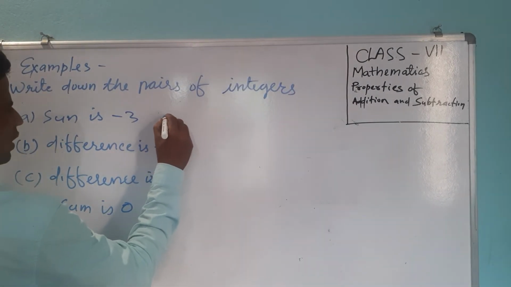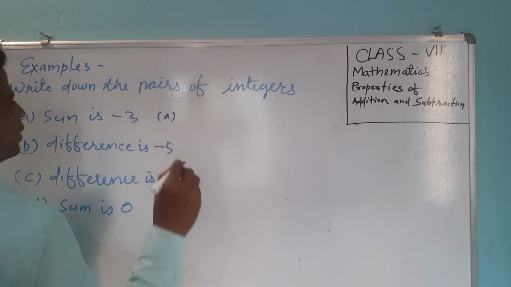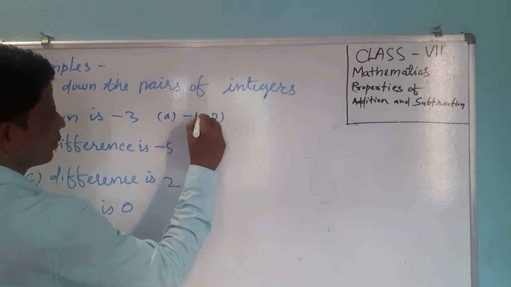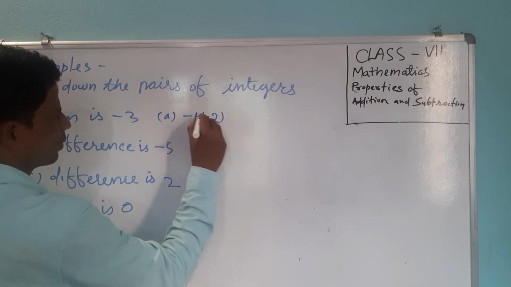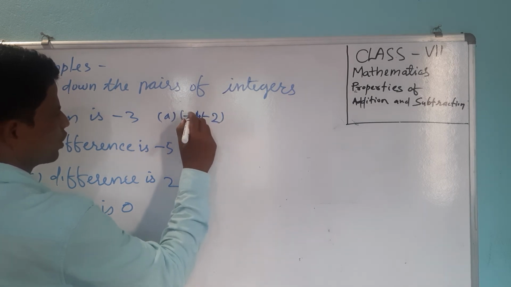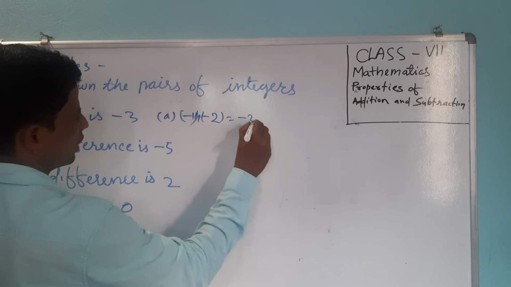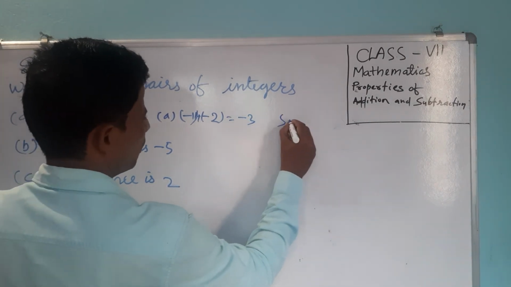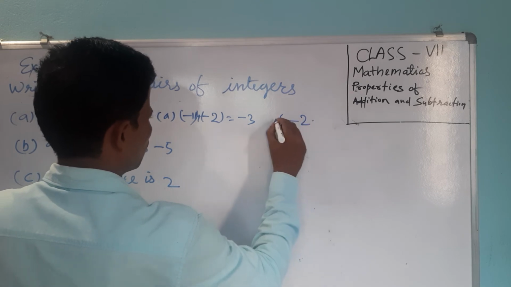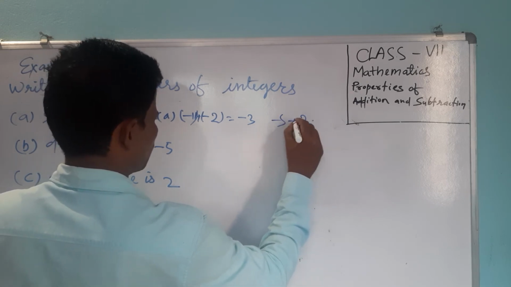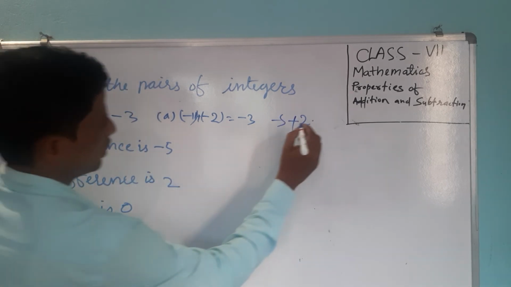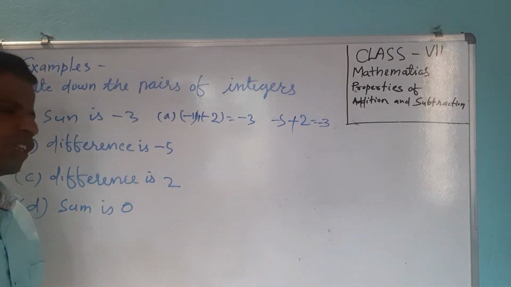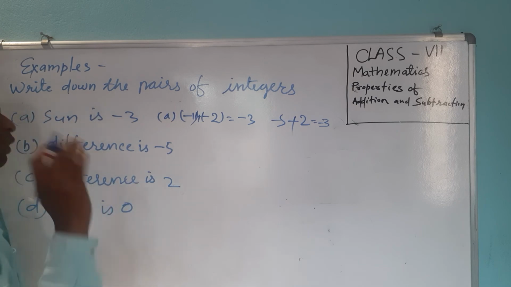Suppose minus 1, minus 2 plus, then the answer will be minus 3. We can take another example like 5 minus 2, minus 5 plus 2, here is also minus 3. Like thousands of examples we can find.